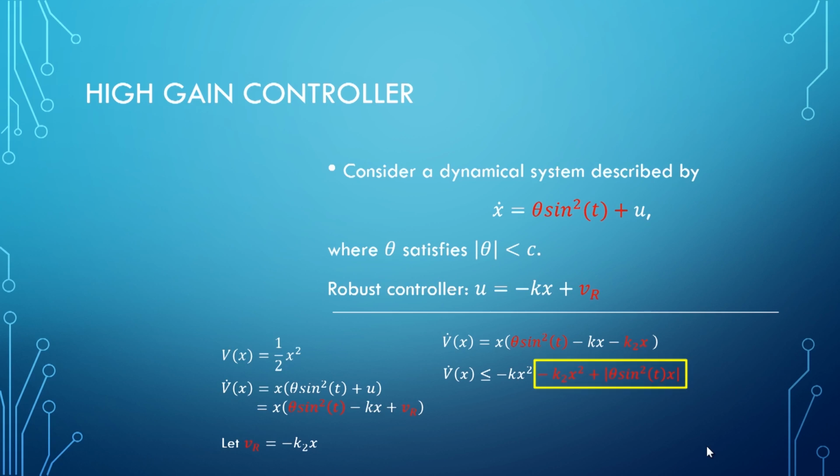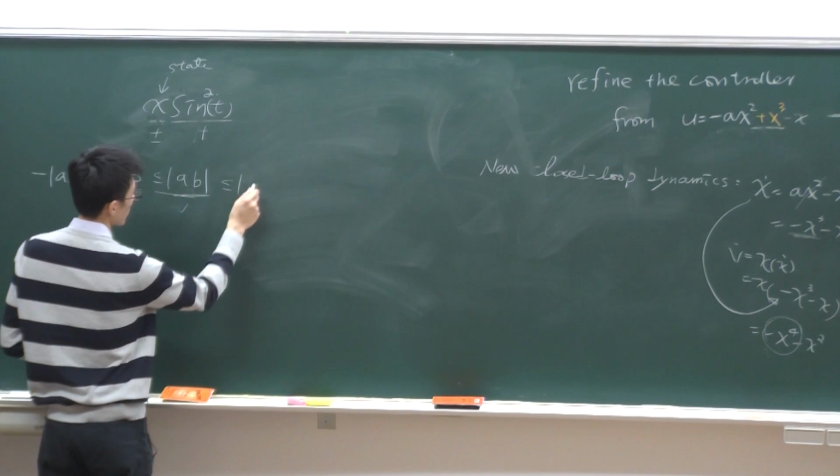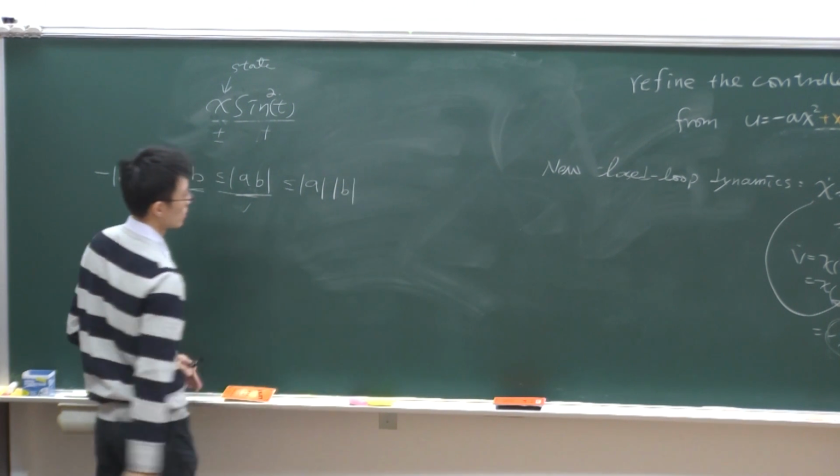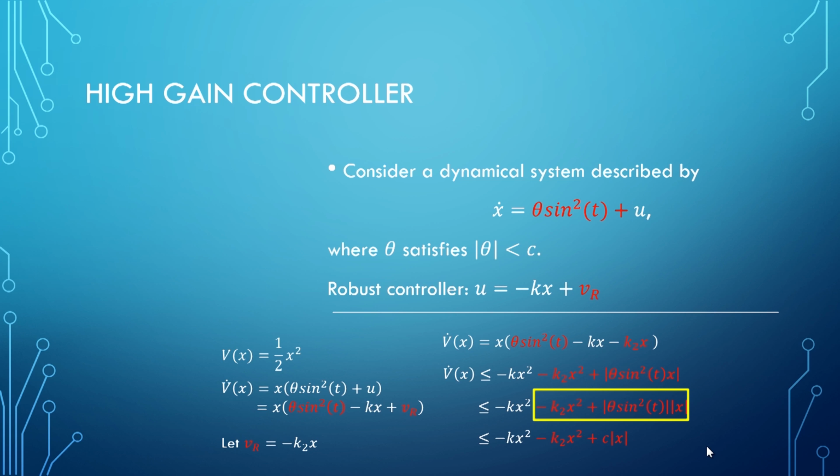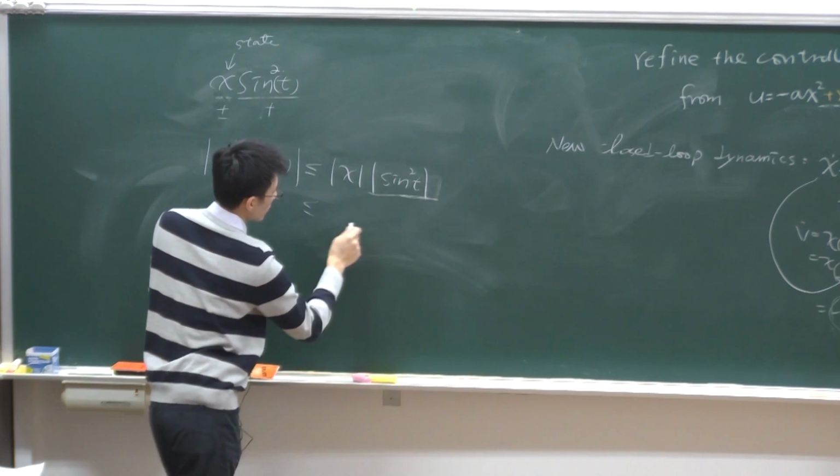So that's this term here. The last term is the worst case of what this product can be. This can be further upper bounded by the absolute value of A times the absolute value of B. And the worst case of this product will be C times the absolute value of x, where C is a positive constant, which upper bounds this. The sine squared is always bounded, and the worst case of this is 1.